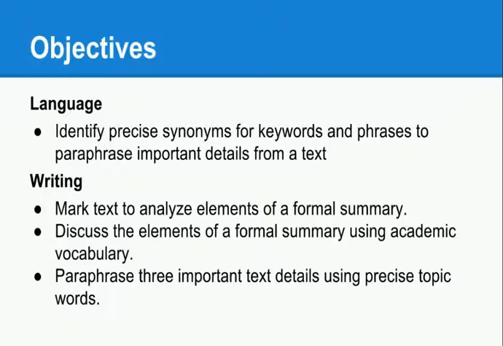Okay, let's move on to the next one. Discuss the elements of a formal summary using academic vocabulary. Well done. Repeat the whole sentence after me. Discuss the elements of a formal summary using academic vocabulary.